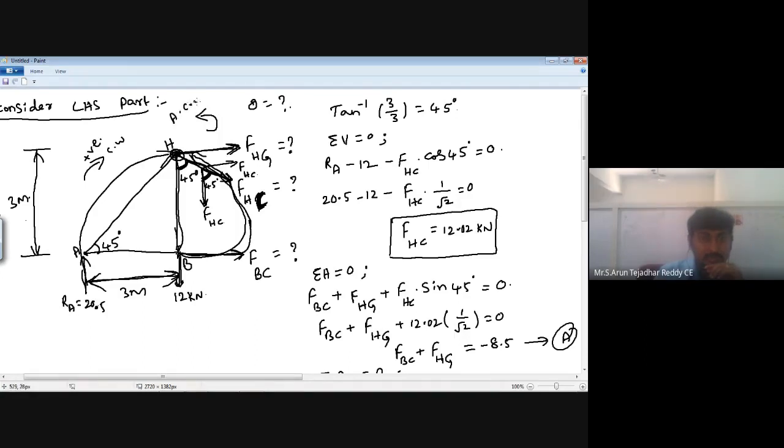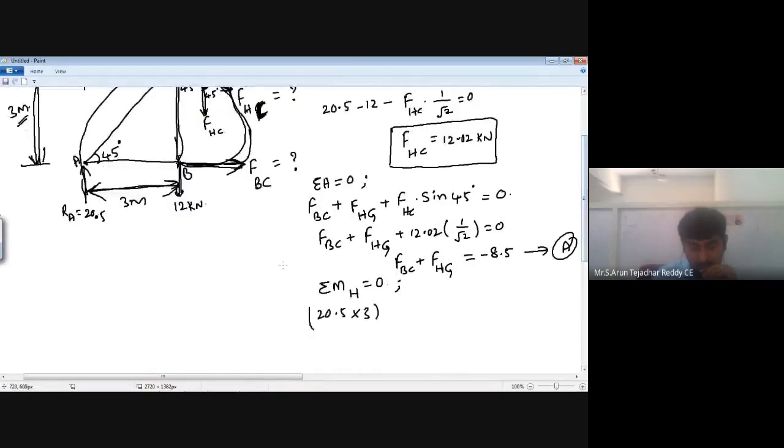So this direction is anti-clockwise, so take negative. Minus FBC. And what about the perpendicular distance? See, your force is acting horizontal, so this is your perpendicular distance, 3 meter. Minus FBC into 3 meter is equal to 0.